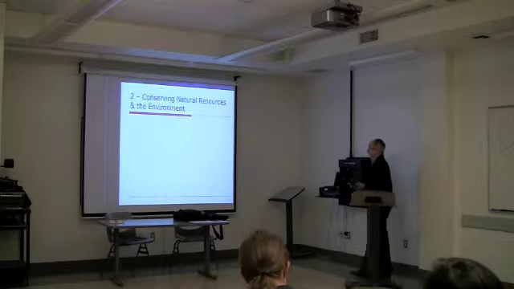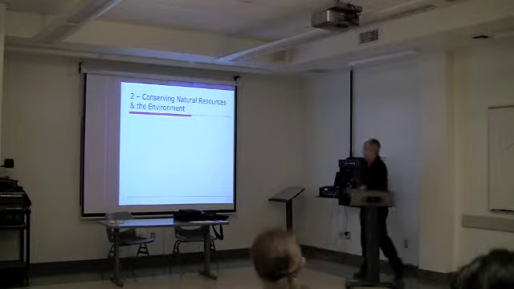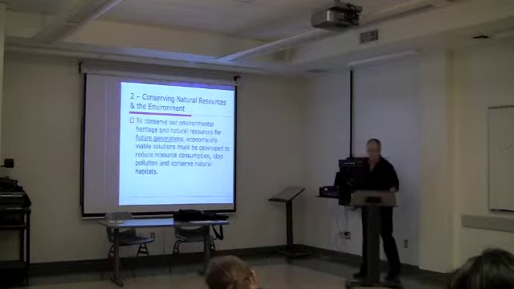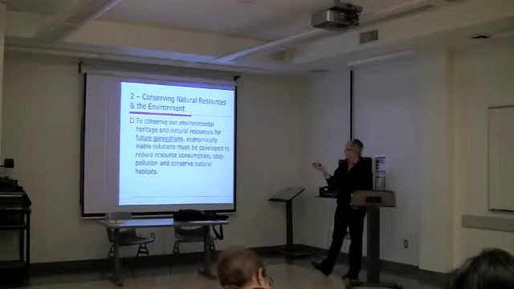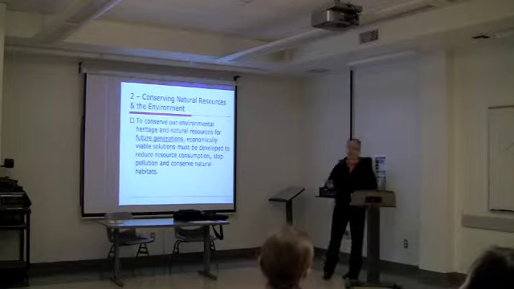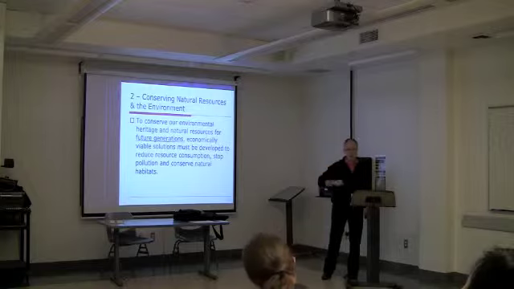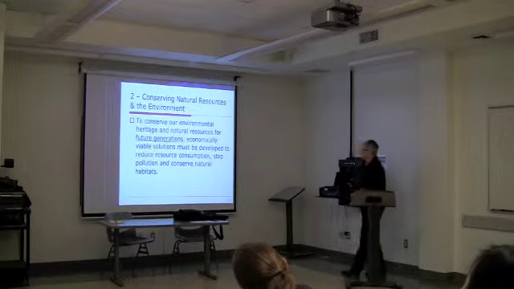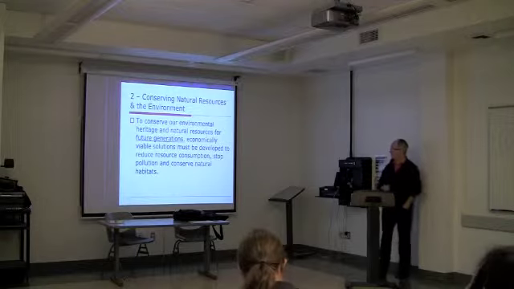The second issue, conserving natural resources and the environment. So here, what does this mean? To conserve our environmental heritage and natural resources for future generations. Again, that sustainability concept of intergenerational equity. Economically viable solutions must be developed.